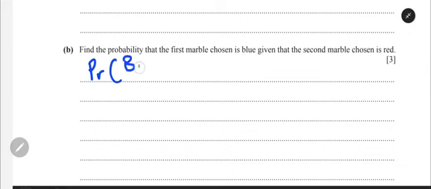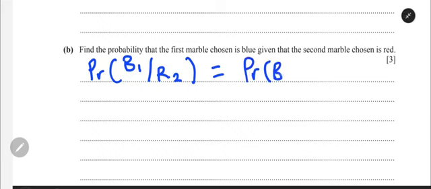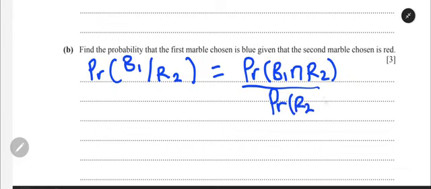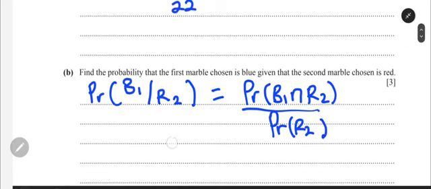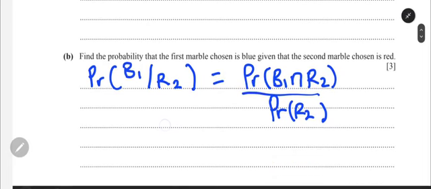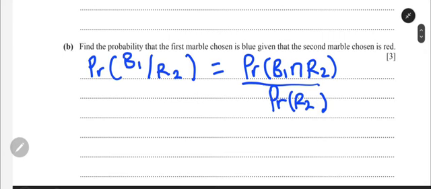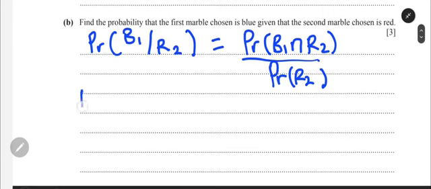So the first one is blue, B1, given that the second one is red, R2. We know the formula to be probability of B1 intersection R2 over probability of R2. So all we need to do is find the probability of B1 intersection R2.